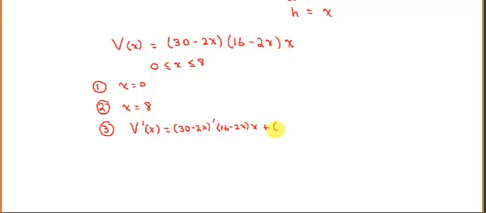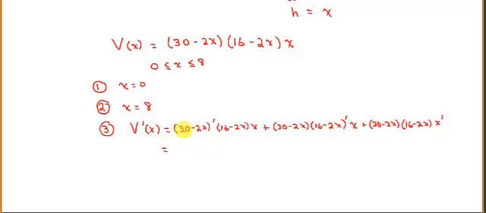Plus, I'll have 30 minus 2x, I'll leave that alone, then 16 minus 2x, take its derivative, times x. Then plus, I'll have 30 minus 2x times 16 minus 2x times x, and I'll take the derivative of x.